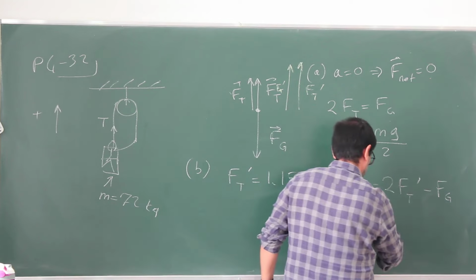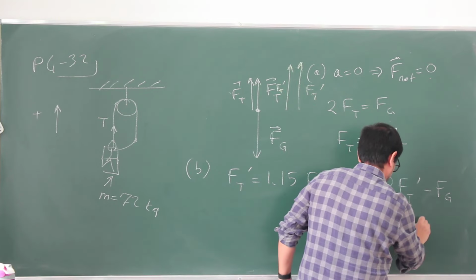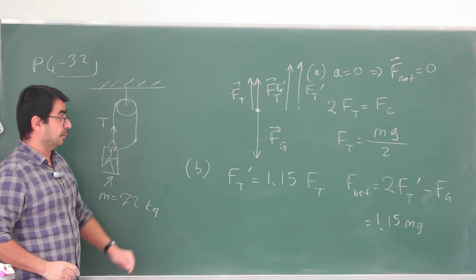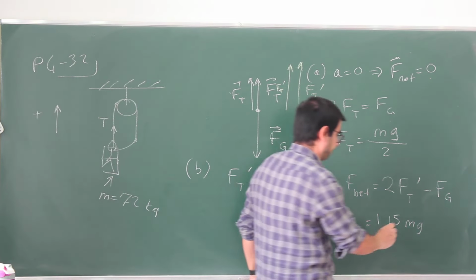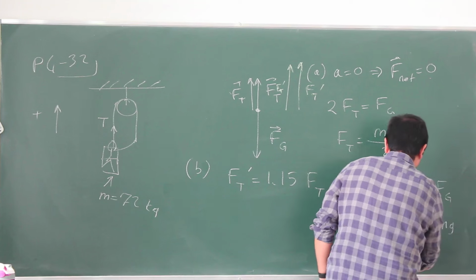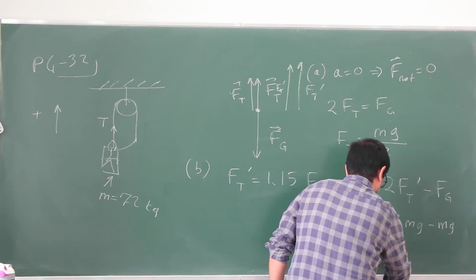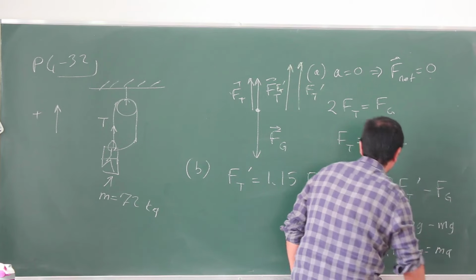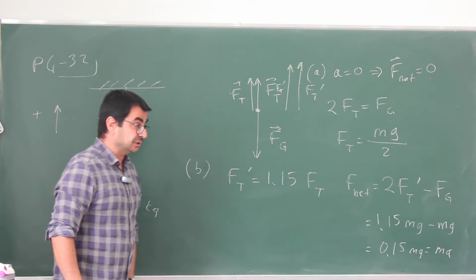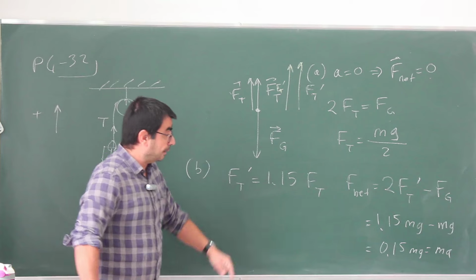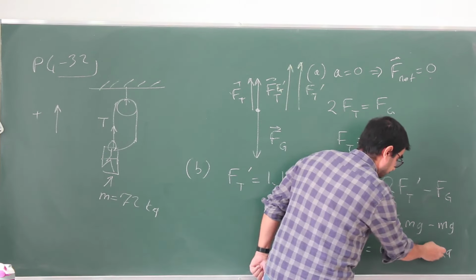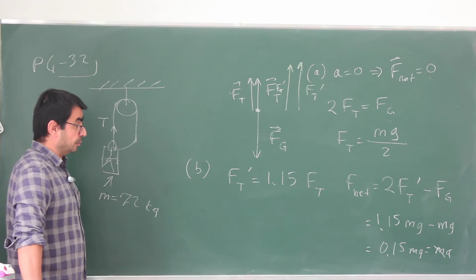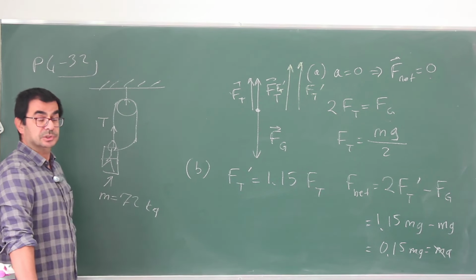This is just 1.15 mg. 2's cancel, we end up with 1.15 mg minus mg. This is just 0.15 mg, and this is equal to m times a, as it should be by Newton's second law, F equals ma. M's are going to cancel. The acceleration is going to be 15% of g, or 0.15 times 9.8 meters per second squared.